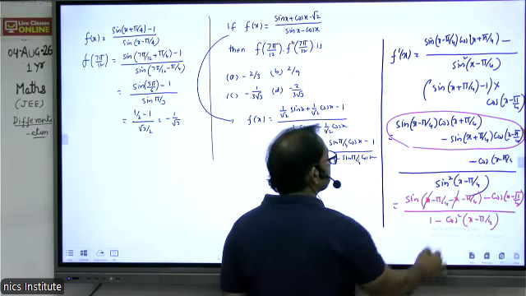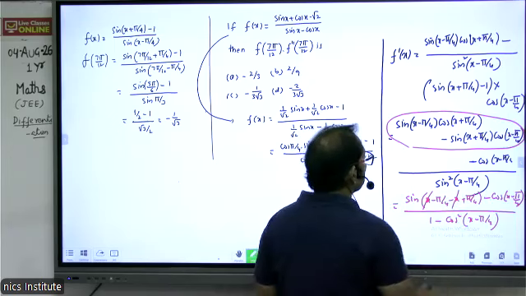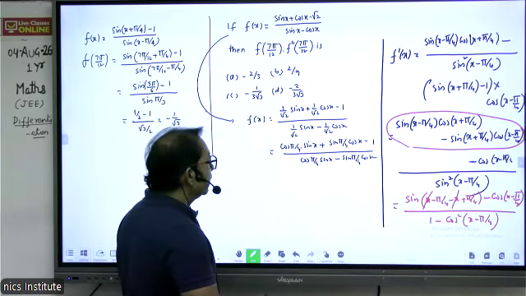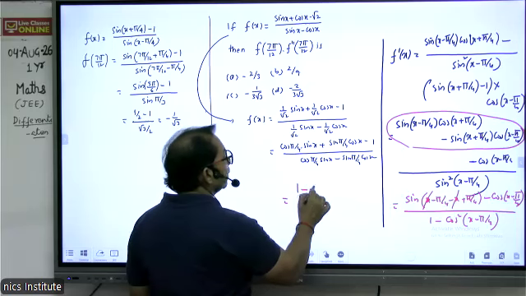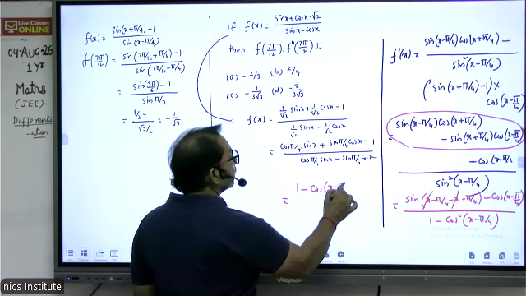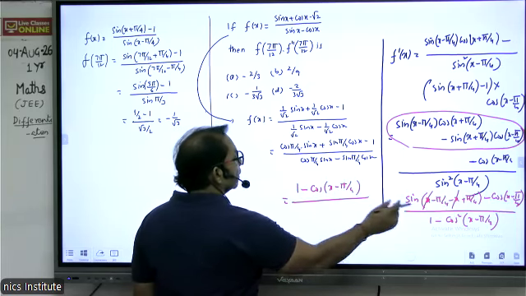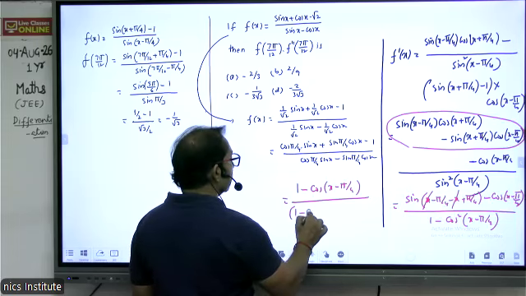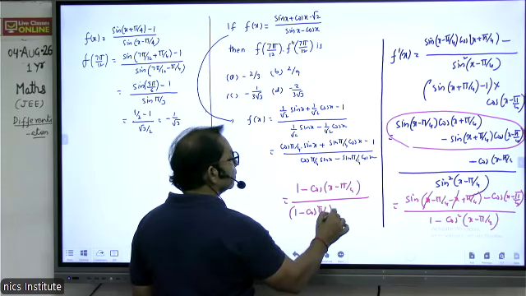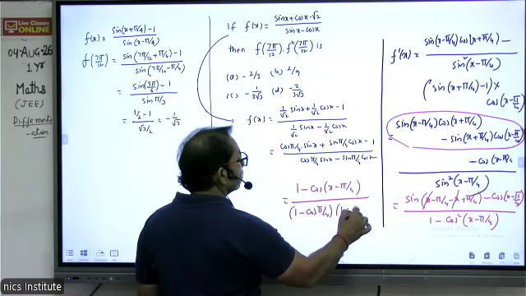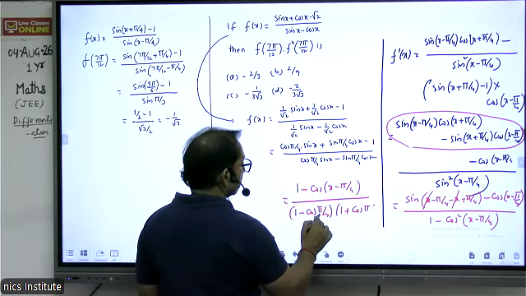X and x cut. This is sin 90. Sin 90 is 1 minus cos x minus π/4. Denominator you can factorize 1 minus cos π/4, 1 plus cos π/4, x minus π/4, sorry.